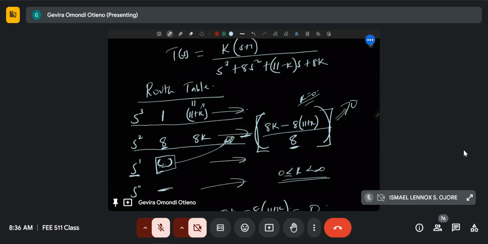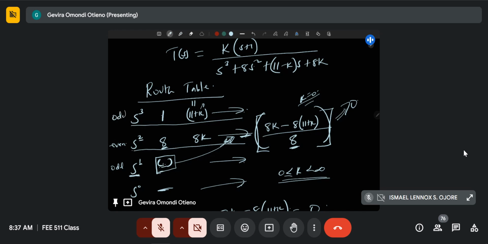If you want to determine the J omega axis crossing, you have to look at all rows that are above s to power 1, specifically the immediate row above it that is even. We would say this is an odd row because of that power there. This is an even row because of that power.